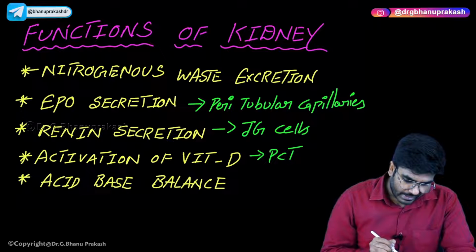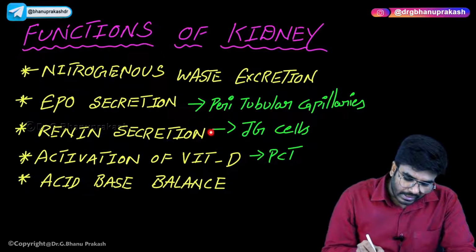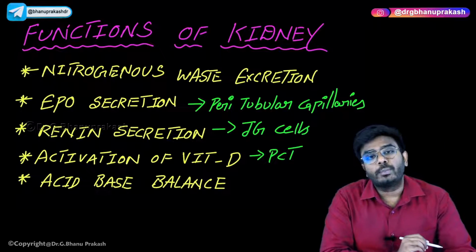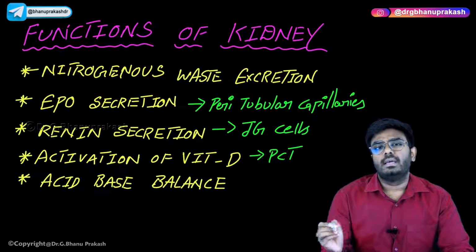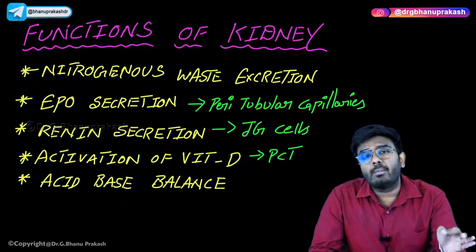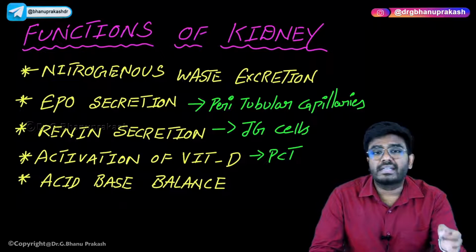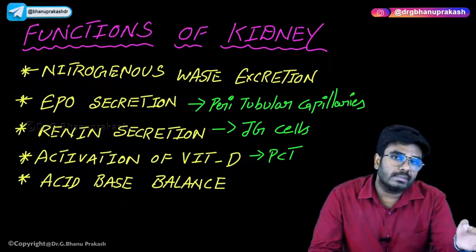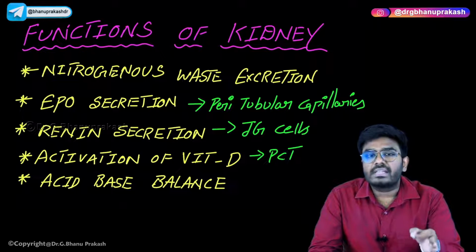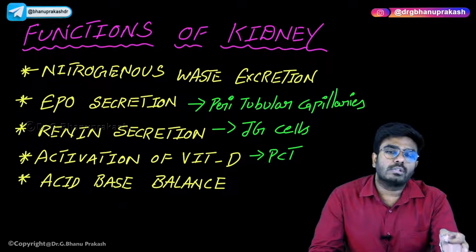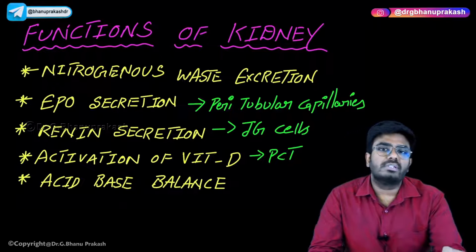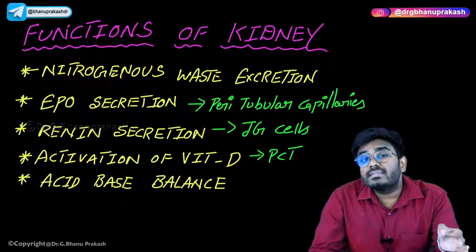Okay. Apart from that, renin. Renin secretion is also going to be taken care of by the kidneys. Now we will discuss in detail what renin is going to do, that is the renin angiotensin aldosterone system. But for now, just remember renin is also synthesized and produced from the kidneys. Now in the kidneys, which cells?